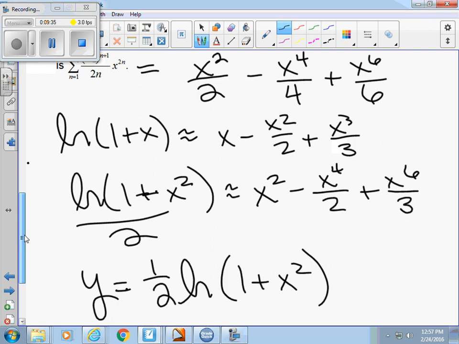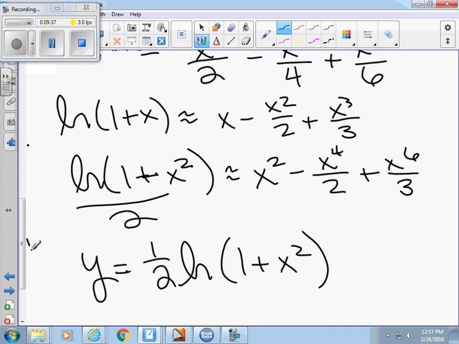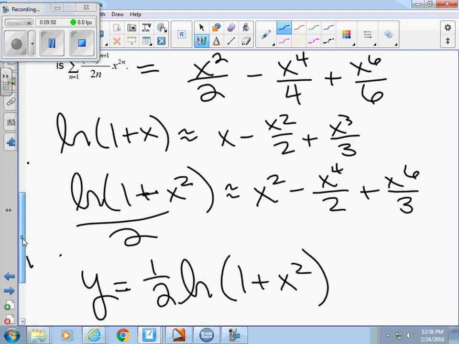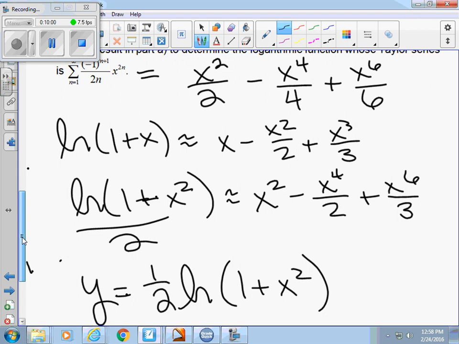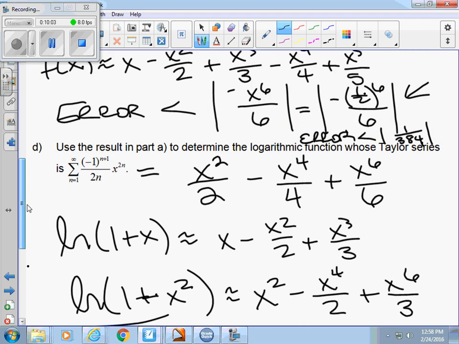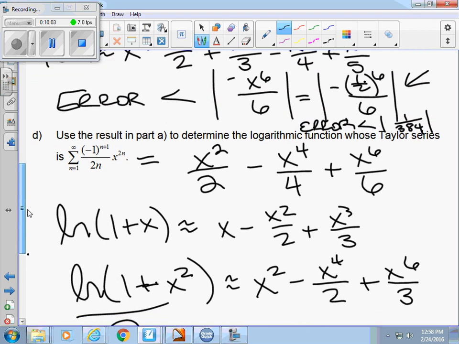Now, they gave us a hint, because if you had just had to do this from scratch, that'd be even harder. They did tell us what logarithmic function, so that helped a little. We knew we needed to somehow manipulate 1 plus natural log 1 plus x. For this problem, definitely not, because it said determine a logarithmic function.